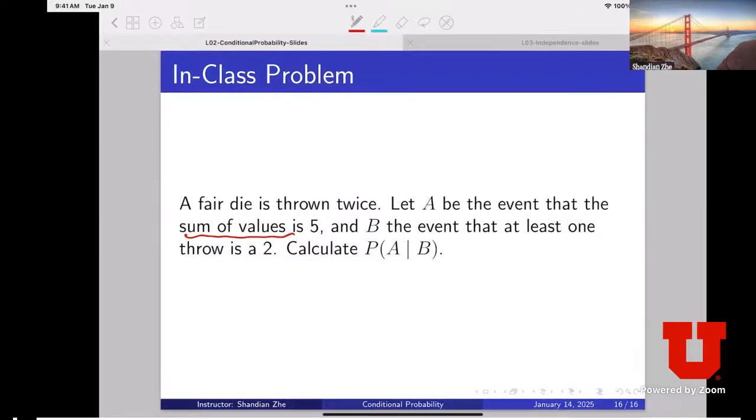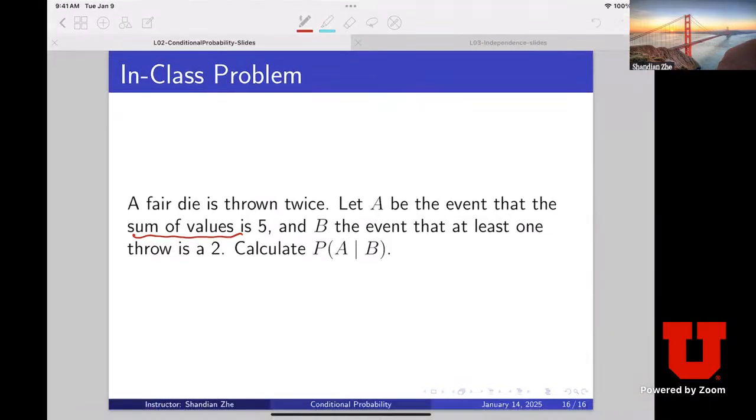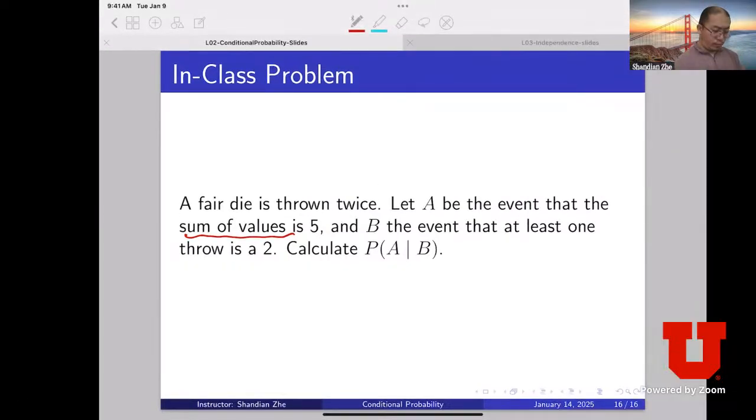Okay, the last try. Why is the projector dead as well? Hello? Okay, here we go.